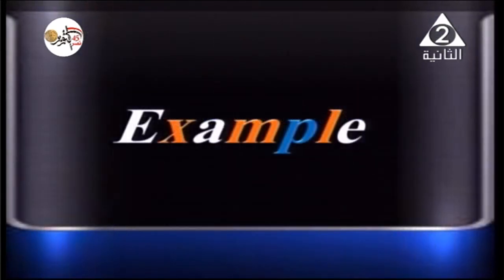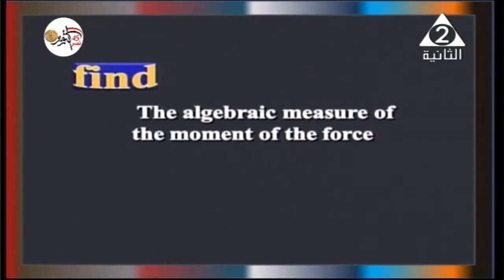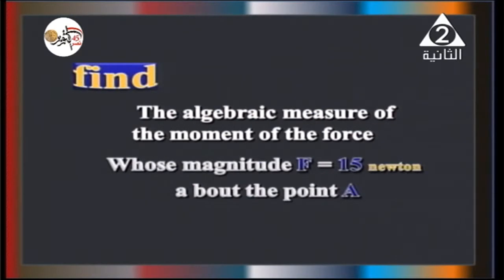Look at the important example. This example is about moment. Find the algebraic measure of the moment of the force whose magnitude F equals 15 Newton about the point A. Solution.